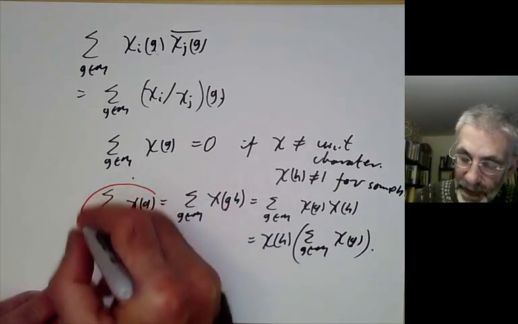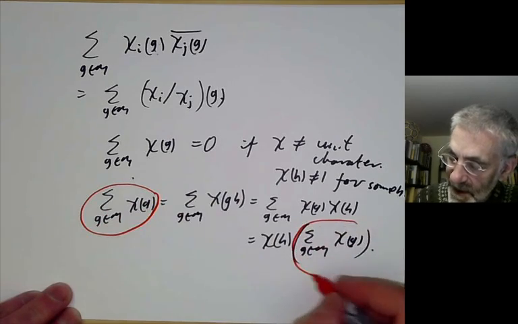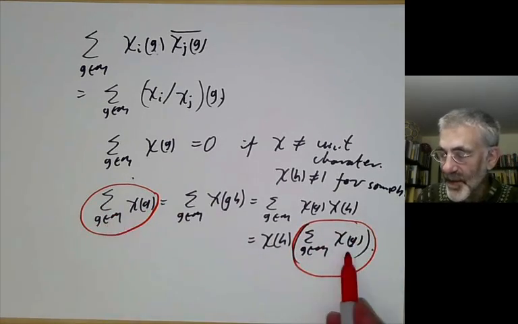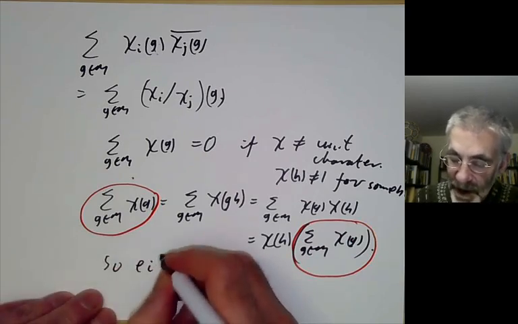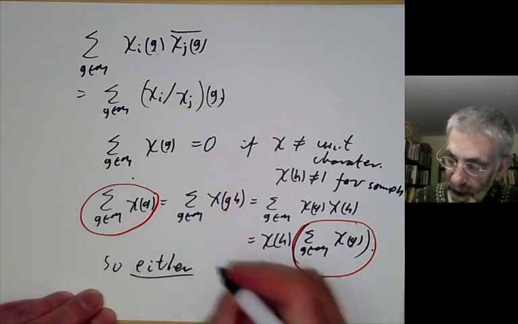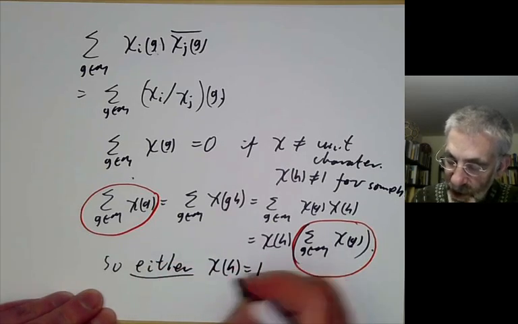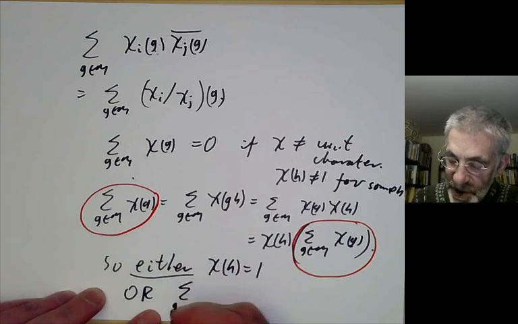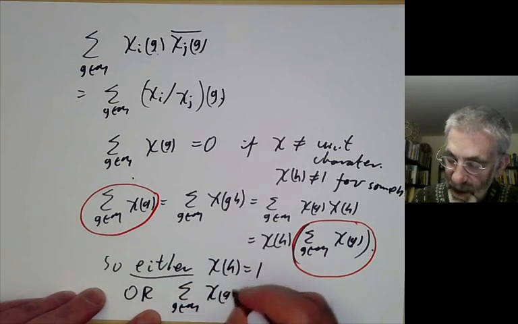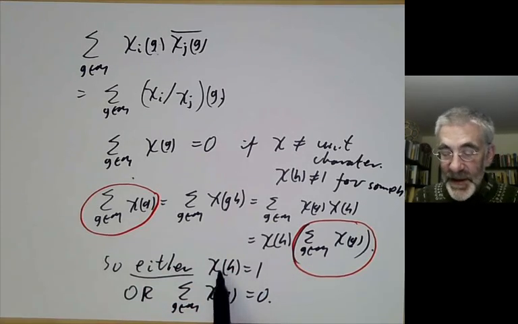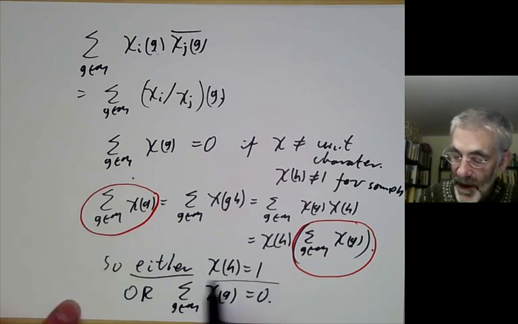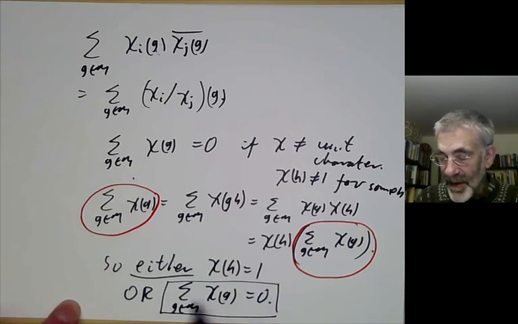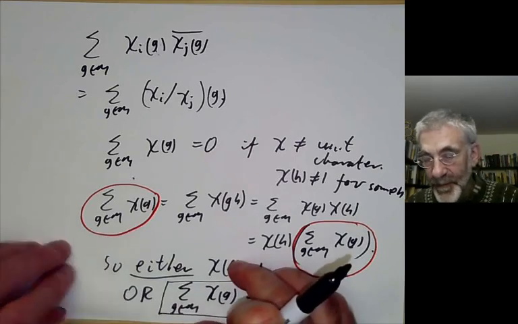Well, this sum is the same as this sum here. So we're saying this sum is equal to this sum times chi of h. So either chi of h equals 1, or the sum over g in M of chi of g is equal to 0. So if chi is not the character that's 1 everywhere, then the second case holds for some h, and therefore this sum must equal 0.